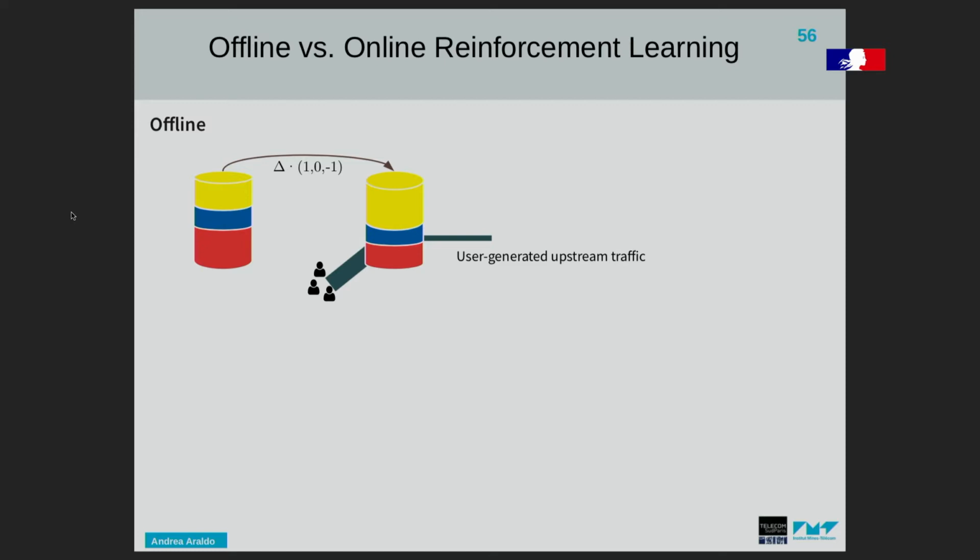So we place ourselves instead in a more challenging situation, because we assume we don't know anything about the system, so we don't have any model, any simulation model. We can only interact with the real system while it is up and running. So in this sense, we use reinforcement learning in an online fashion.